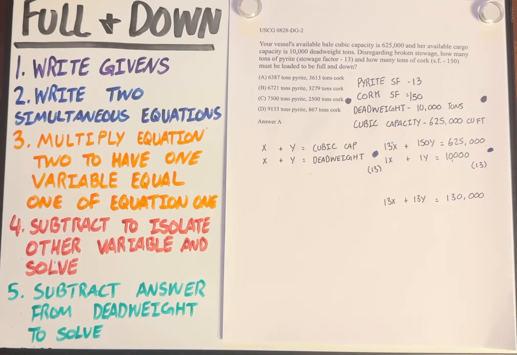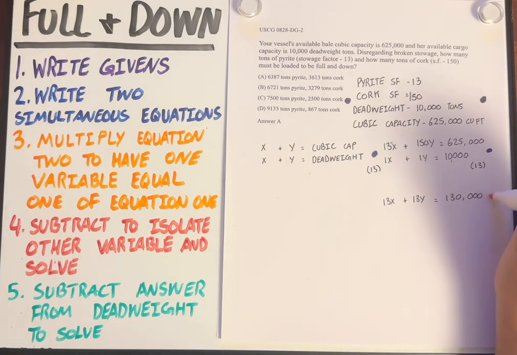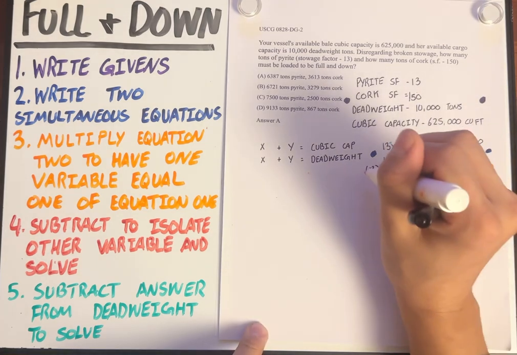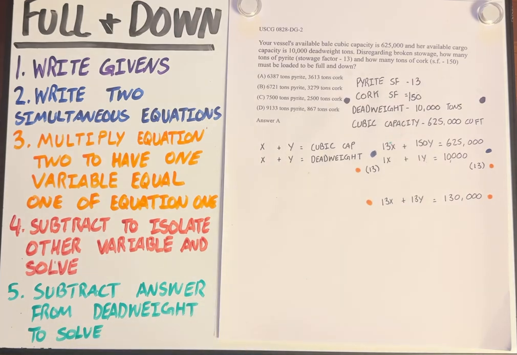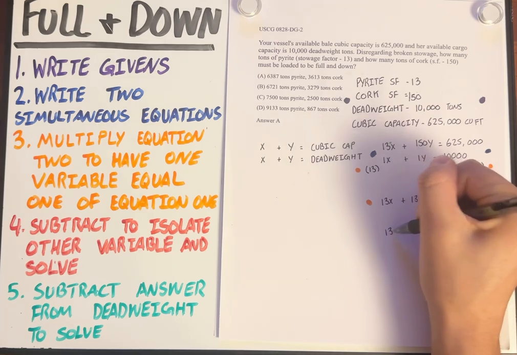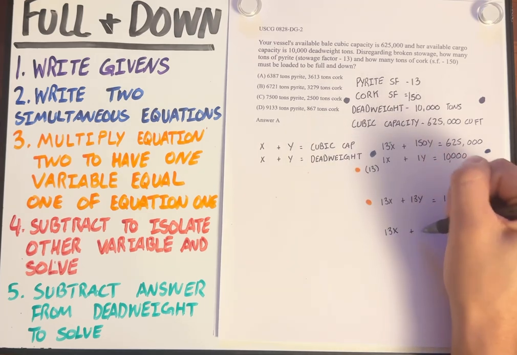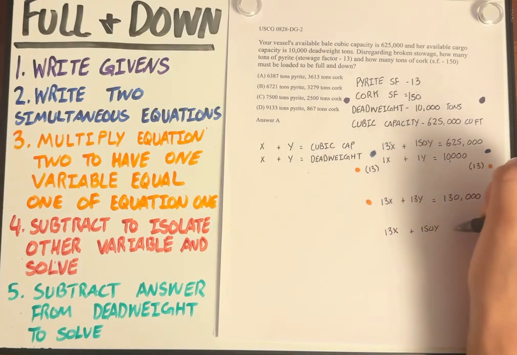So this is step 3 here, to multiply equation 2 to have one of the variables equal that of equation 1. The next thing we'll do is subtract that from equation 1 to isolate the other variable and solve. So that 13x plus 150y equation on top equals 625,000.